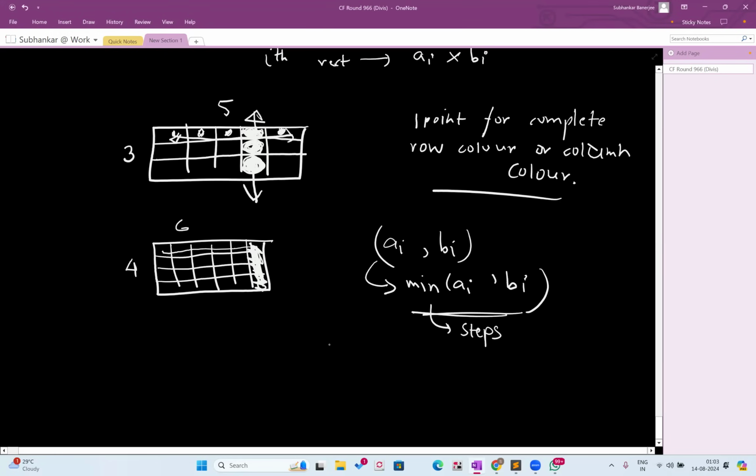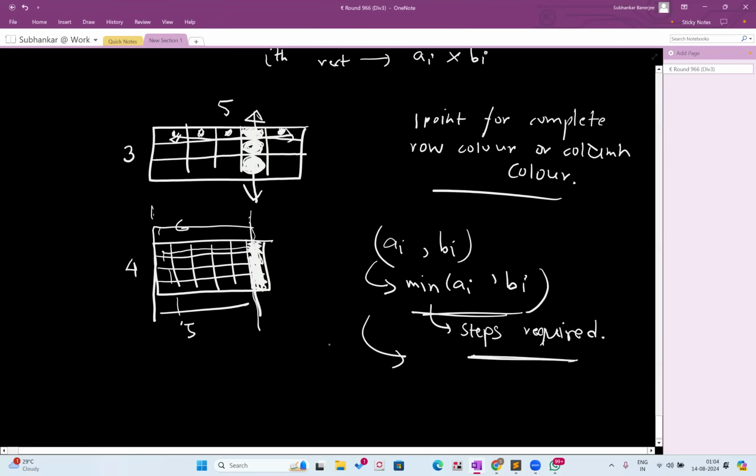Whichever is less, we require that many steps to color that, and we'll gain a point, right? And what will happen to the rectangle? This thing is already colored. So basically, we are left with a rectangle of 5 into 4, a 5 cross 4 rectangle. This part is only left. So now what is happening? If we color using the minimum of ai comma bi, the maximum value among ai comma bi gets reduced by 1. Did everyone get this point?